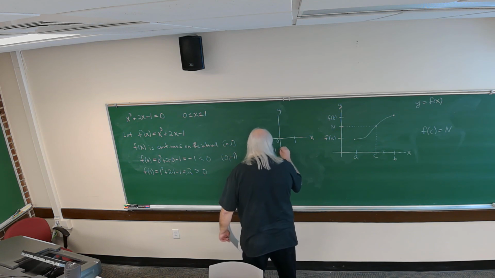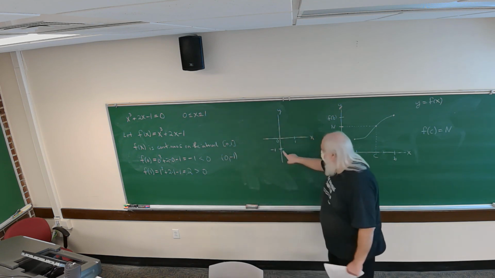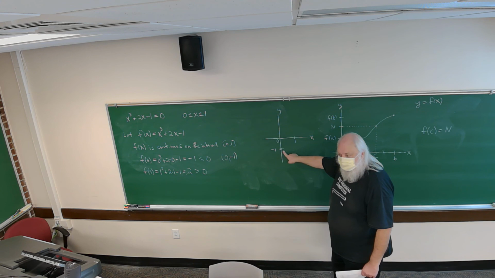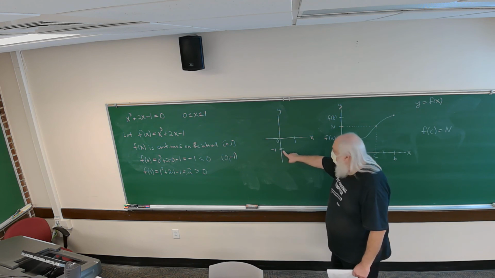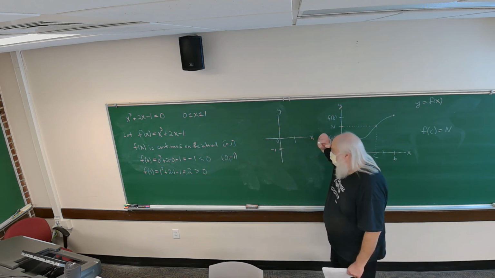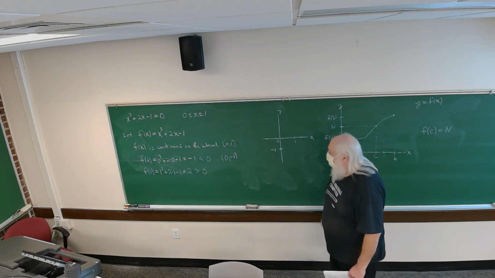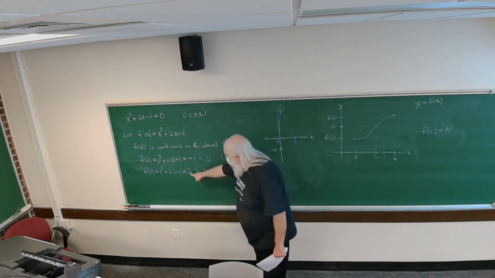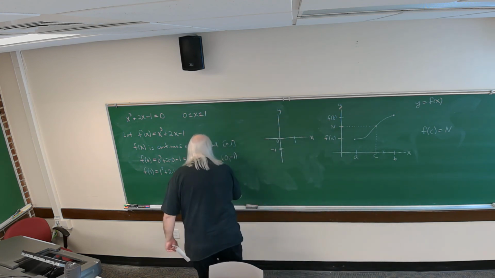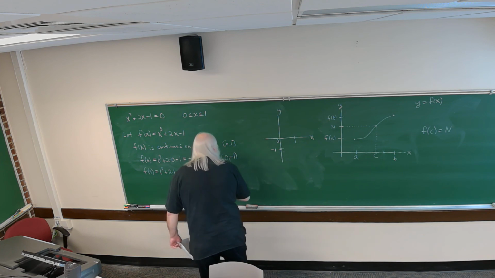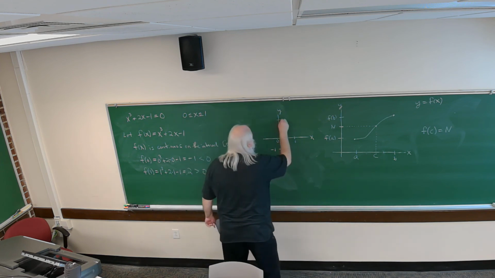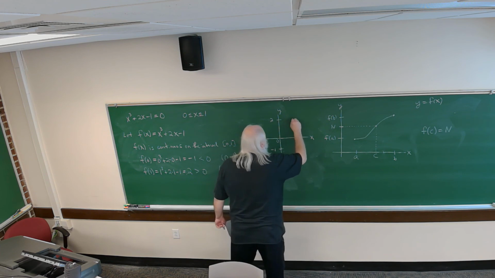At x equals 0 the value of the function is minus 1. And we know at x equals 1, the value of the function is 2. So the point (1, 2) is on the graph.